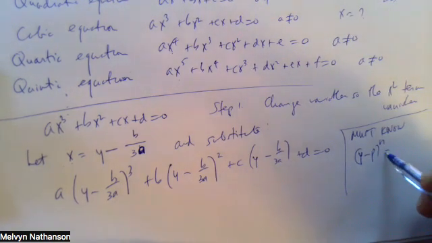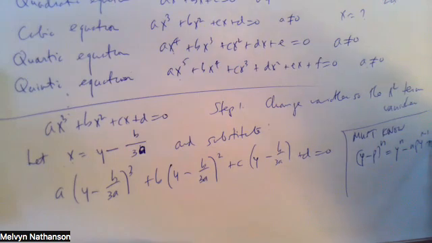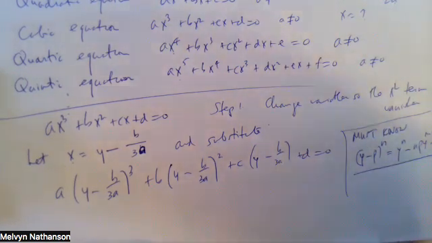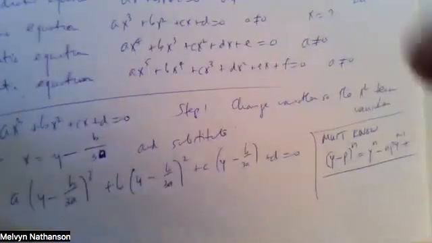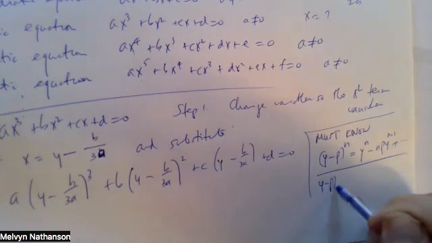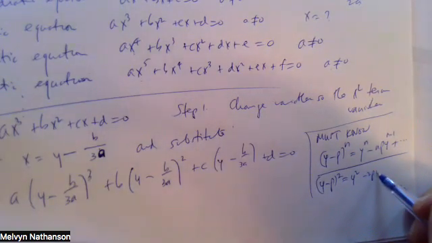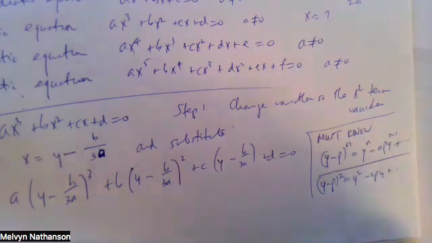So this is y to the n minus n p y to the n minus 1 and lower order terms. So this you must know. If you don't know it, memorize it immediately. Like, for example, (y minus p) squared is y squared minus 2py plus something, right?